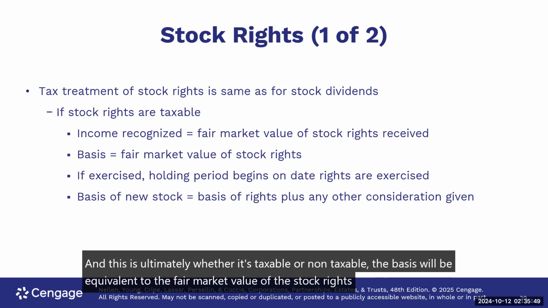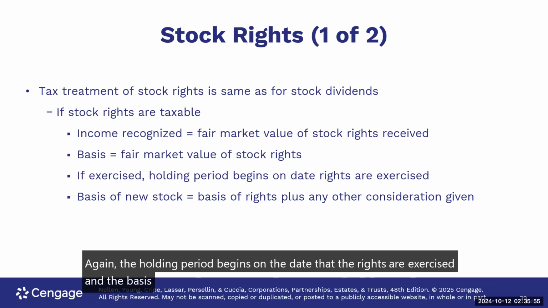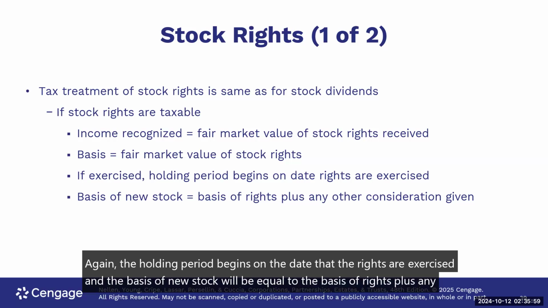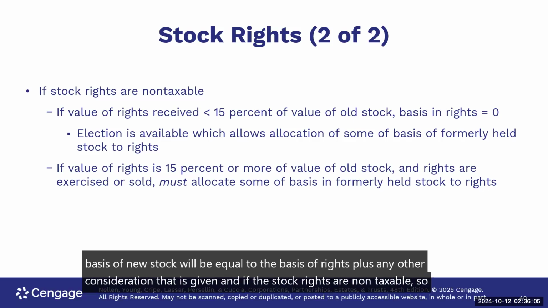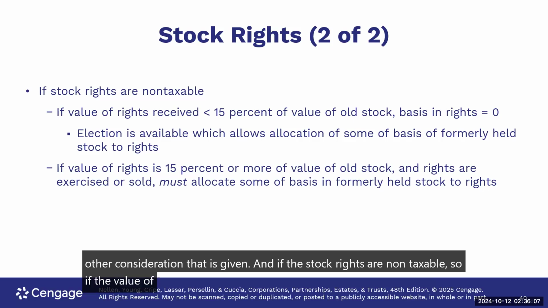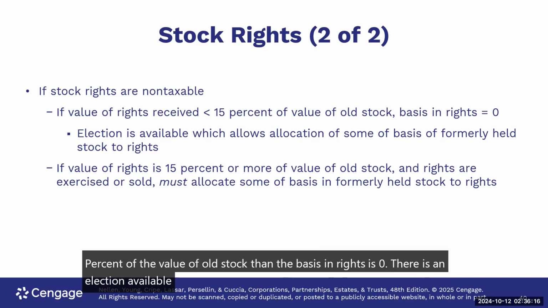If it's exercised again, the holding period begins on the date that the rights are exercised, and the basis of new stock will be equal to the basis of rights plus any other consideration that is given. And if the stock rights are non-taxable, so if the value of rights received is less than 15% of the value of old stock, then the basis in rights is zero. There is an election available which allows allocation of some basis of formerly held stock to the rights.